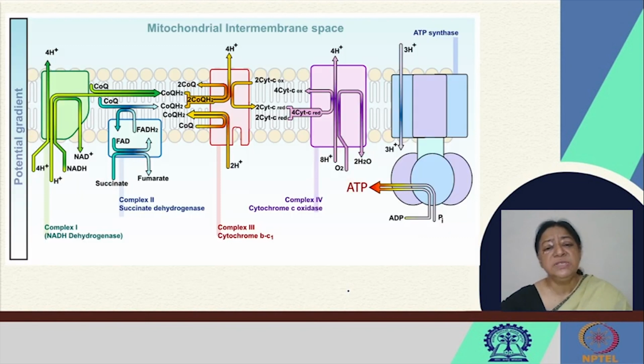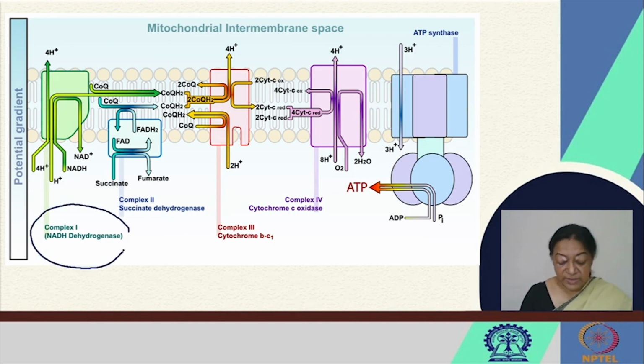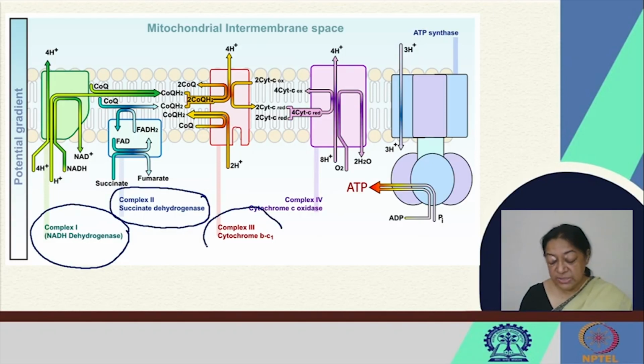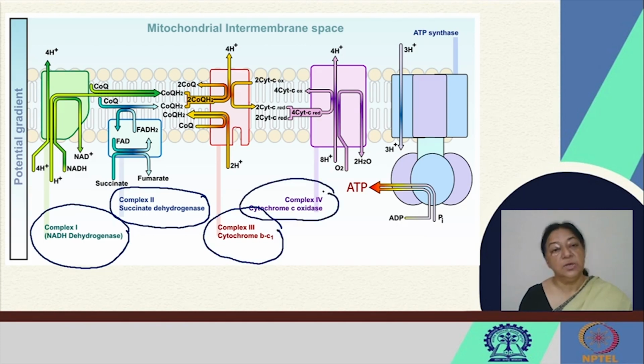So in the whole scheme of things that we have seen, we look at a specific potential gradient: complex 1 involving the NADH dehydrogenase, complex 2 the succinate dehydrogenase, complex 3 the cytochrome BC1, and complex 4 the cytochrome C oxidase.